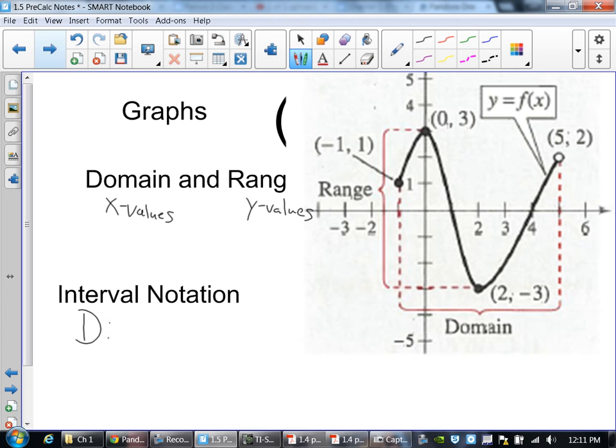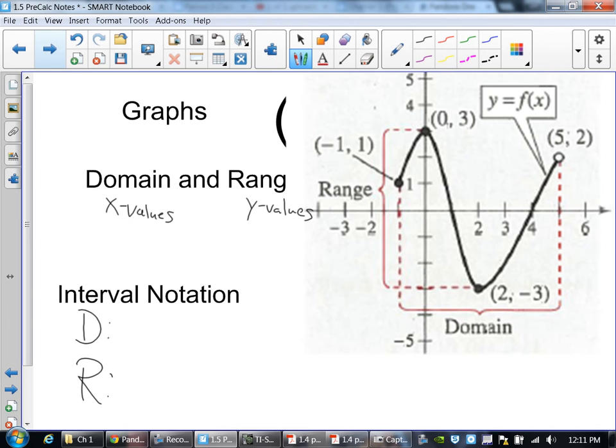here's our domain and our range. I'm going to do the range first. The lowest value of your range is what? And what's the highest value? 3. Now, looking at that graph, are they open or closed dots on -3 and +3? They're closed dots. Does that mean it's including them then? Yeah.